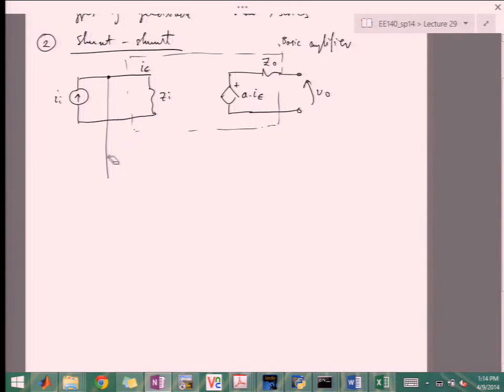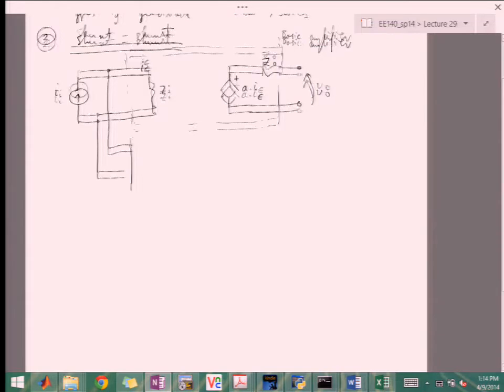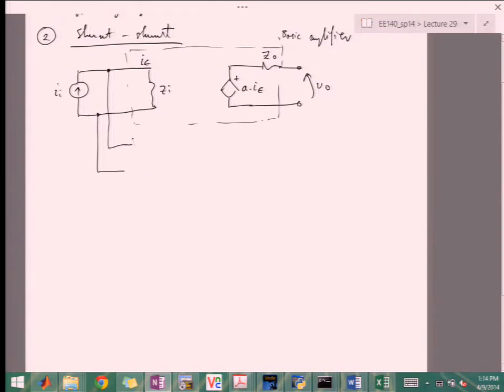Okay, let's do it a little bit differently. And then we're going to have here the feedback circuitry. So we're going to push I feedback, and that's going to come from the generator.